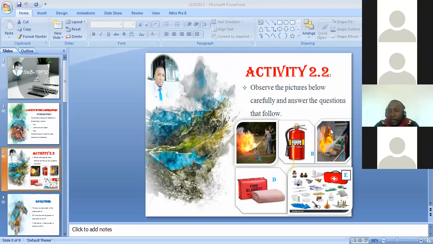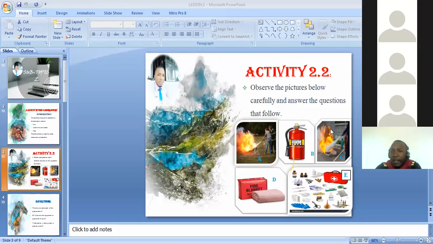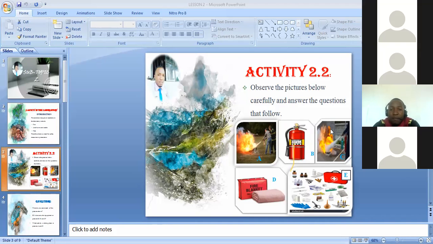A bandage. A bandage is used for covering the wound. Very good. So in case you land on a first aid box and your friend has gotten an accident involving bleeding, involving wounds, I think we can now access and use the first aid box.